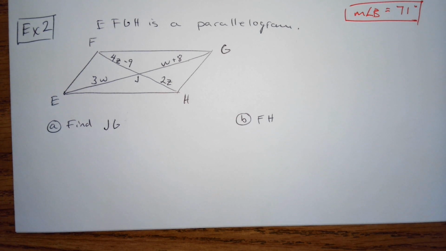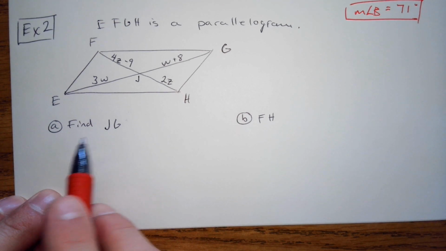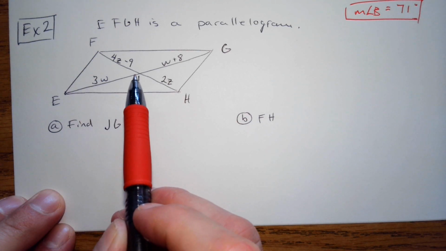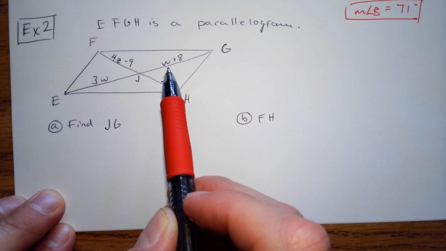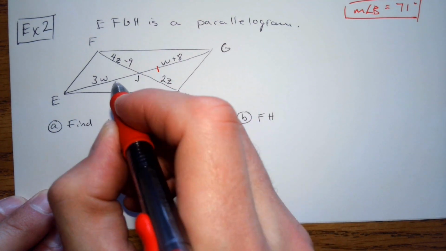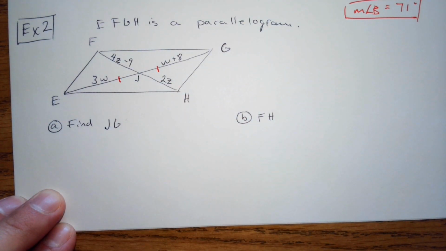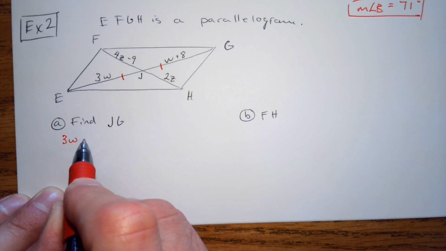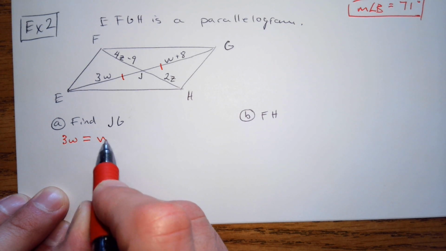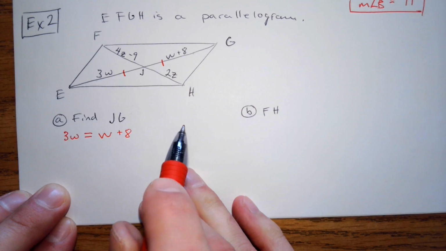So, on the first part, JG, that's this piece. So W plus 8. But I know that because this is a parallelogram, those two segments are congruent, so I can set them equal. 3W equals W plus 8.